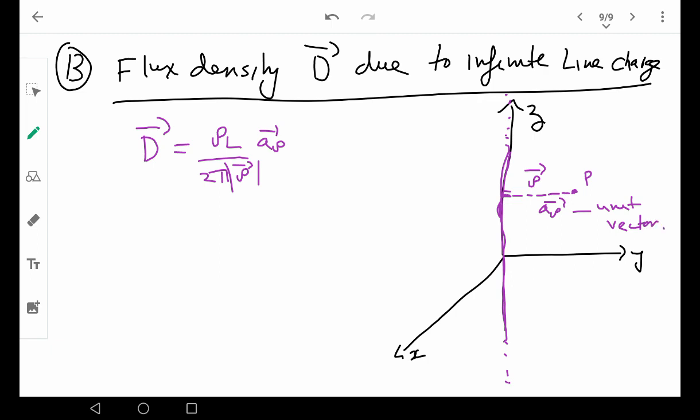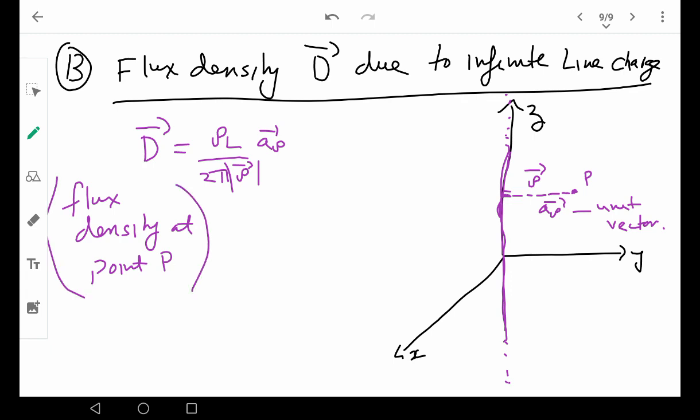Clear? That's how you find out the flux density at point P. I'm not going into the derivation because in the case of electric field we have made the derivation earlier.